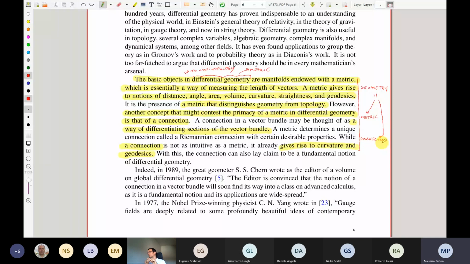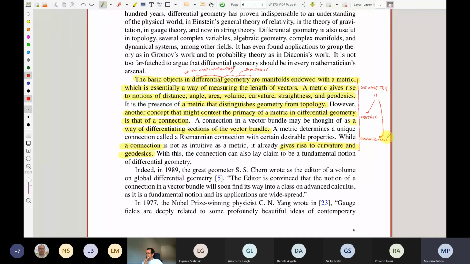Because when I'm measuring how much a vector on the surface is changing with respect to the same vector but on another point in the surface, I need a way of connecting the two tangent spaces. Otherwise, I cannot compare them.